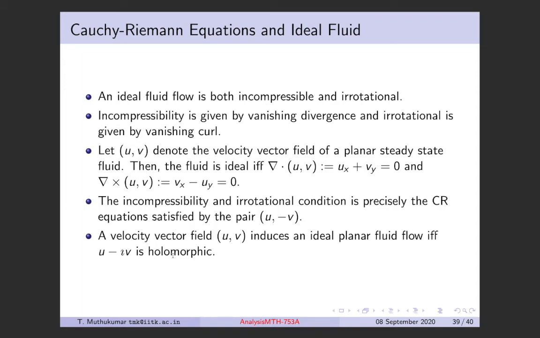Okay, so with this nice connection we can completely understand two-dimensional fluid flow. So you see the nice applications that you have just from the definition of complex derivative and so on.